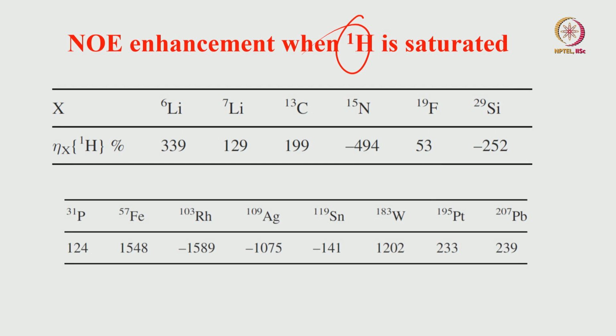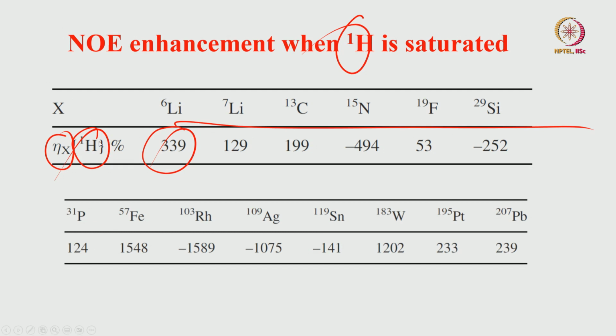This is what it is. See, the irradiated spin is proton and the enhancement is seen on the X nuclei. There is a variety of nuclei given here. How much NOE maximum can we get? If I irradiate proton, for lithium nearly 340 times enhancement of the signal. That is really a huge enhancement you are going to get.